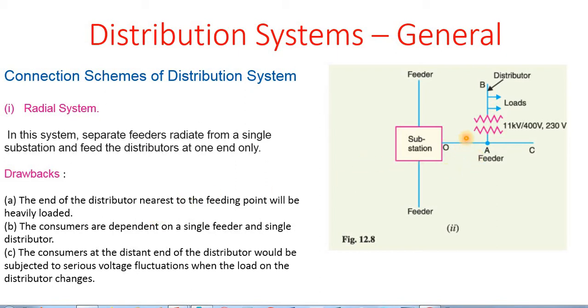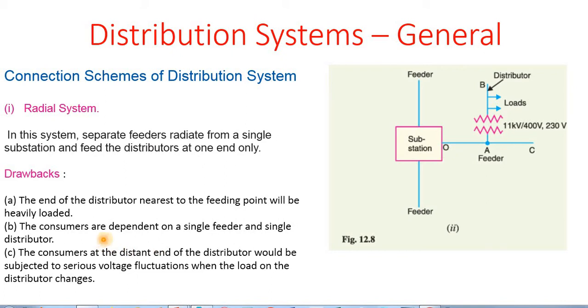This is the feeding point. If there are, let's say, 10 branches onwards, or 10 different distributors, then each will be loaded, and this point, which originates from the substation, will be heavily loaded.